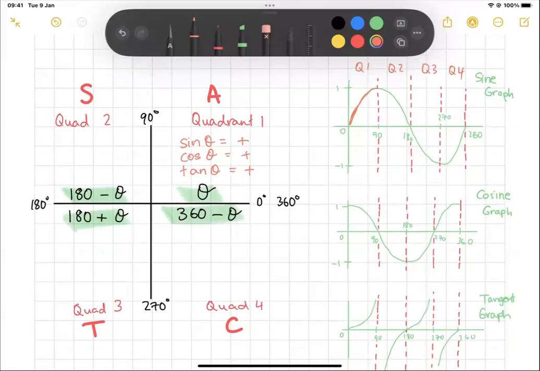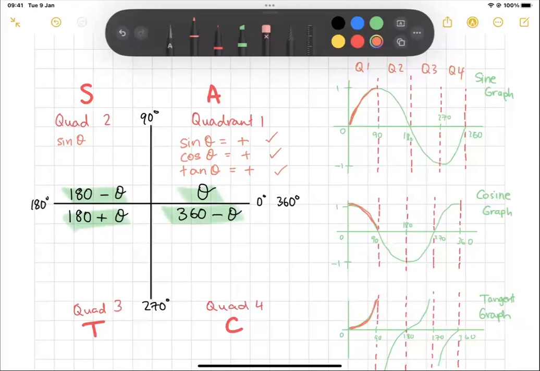For the sine graph, it's positive in quadrant 1. For the cosine graph, again, it's above 0, so my value would be positive. Then for my tangent graph, it's above 0, so it's positive. All seems true.